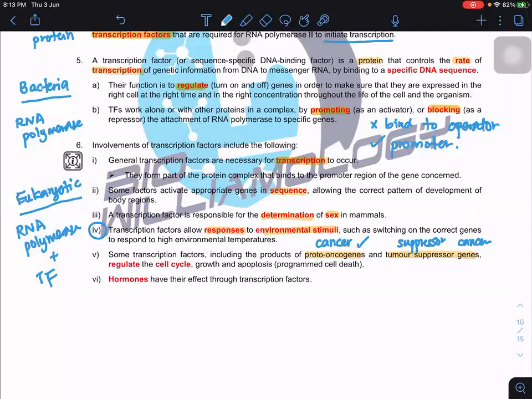Also, a lot of hormones have their effect through transcription factors as well. Some hormones actually bind the transcription factor and then allow gene activation. We're going to look at these hormones in the next few chapters, in the chapter on hormonal control.